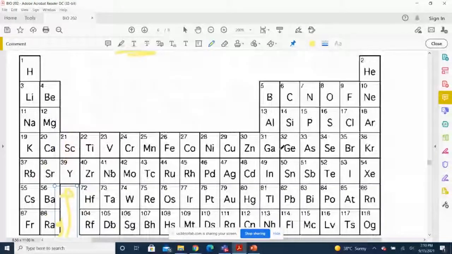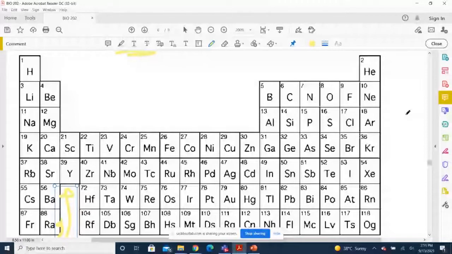We also remember that by using this periodic table, we could tell whether something was very reactive or non-reactive. That had all to do with the outermost electron shell of that element or of that atom. So that's why the periodic table becomes very useful for us.